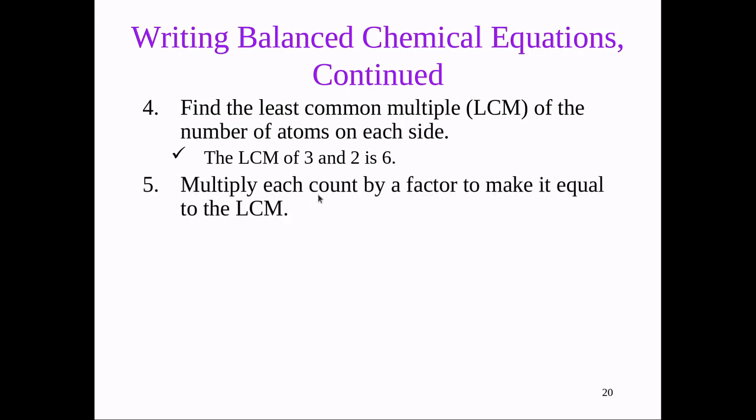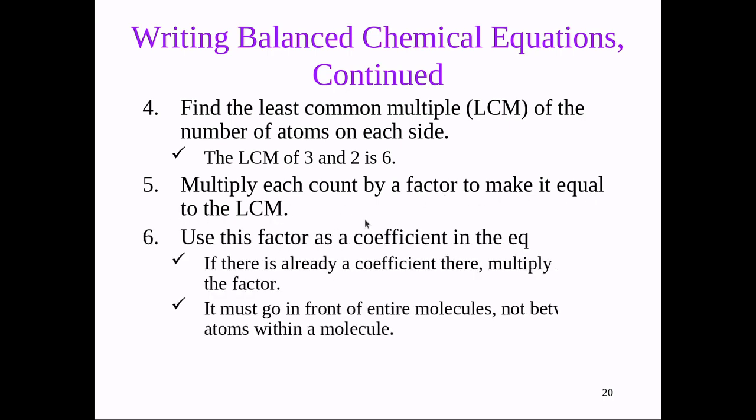We'll multiply each count by a factor to make it equal to the LCM. And then we're going to use this factor as the coefficient in the equation. The factor we have to multiply to get to that LCM. If there's already a coefficient there, multiply it by the factor.